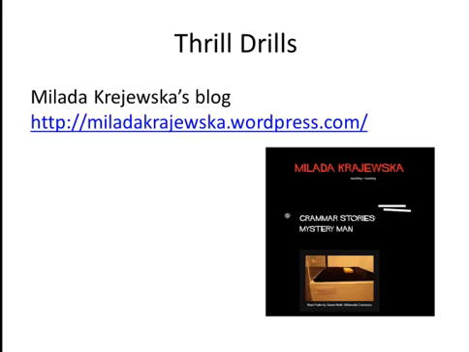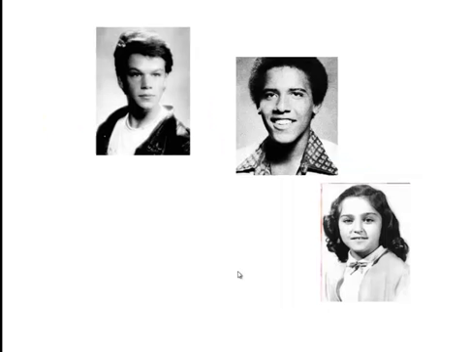But I also wanted to show you some of the ideas that she had for, again, exactly this kind of idea, creative practice on a very narrow controlled practice focus. So one of the really nice ideas that she had for this was using photographs of famous people when they were young.